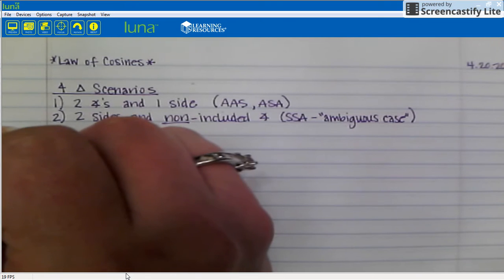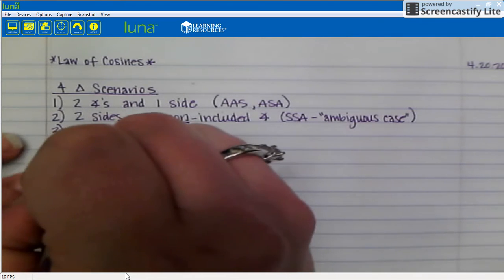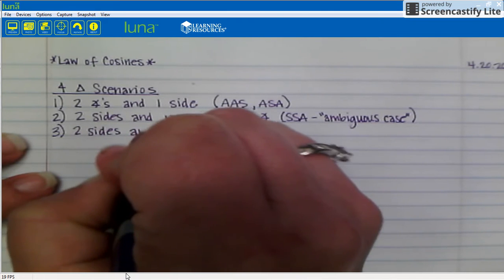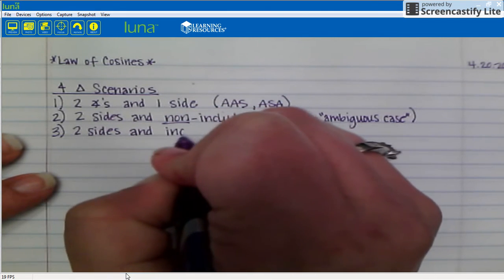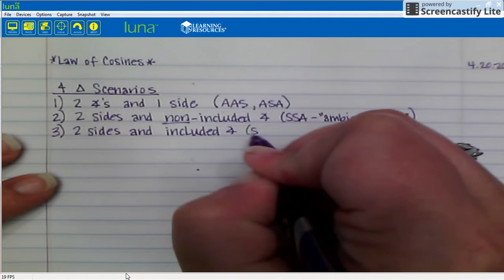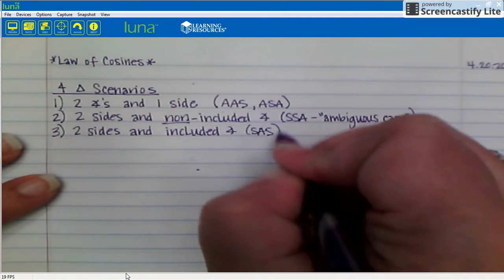The other two are you could be given 2 sides and the included angle. This would be side angle side.